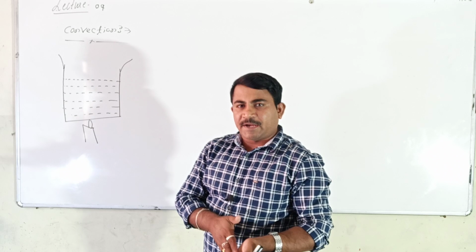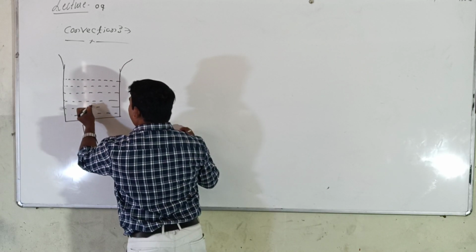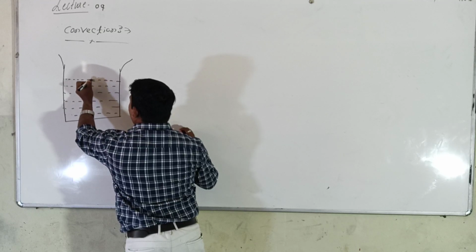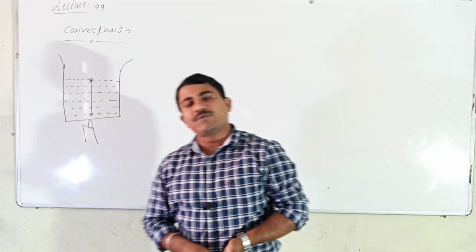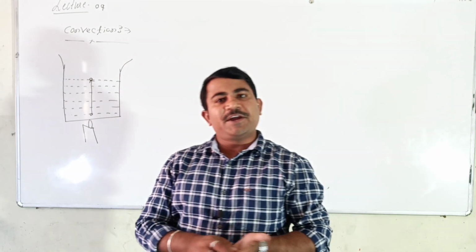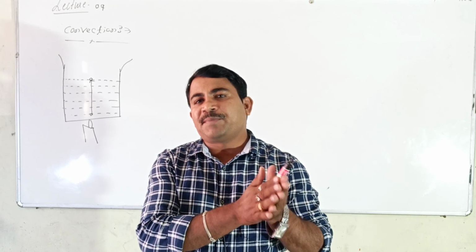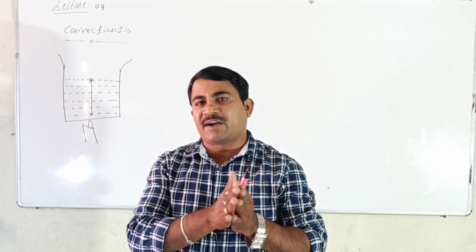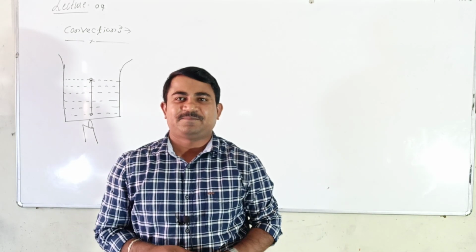When heat is provided, the heat transfers from one part of the liquid to another part with actual momentum of particles. How is the heat transferred? Students, we know that if the temperature of the liquid increases, definitely density decreases. Density decrease means it becomes lighter.